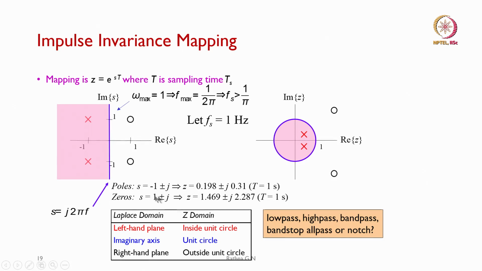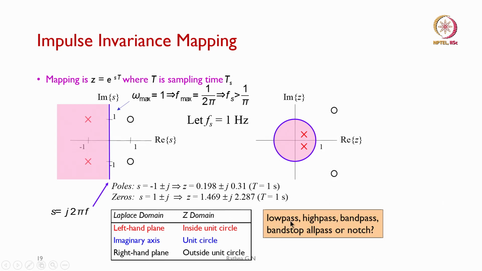The zeros at s equal to 1 plus or minus j get mapped in the z domain to 1.469 plus or minus j 2.287 for T equal to 1 second. So, you see the Laplace domain left hand plane inside the unit circle, as we discussed, the imaginary axis as the unit circle, and the right hand plane outside the unit circle.